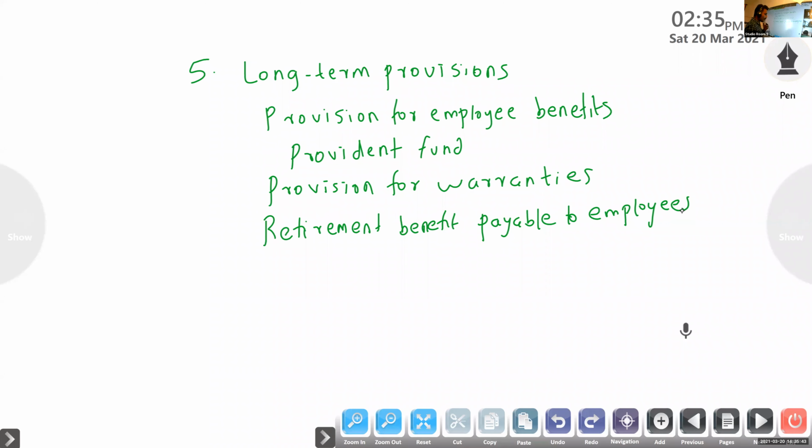Like that, provision for employee benefit: provident fund, provision for warranties, retirement benefit payable to employees. These are long-term provisions.